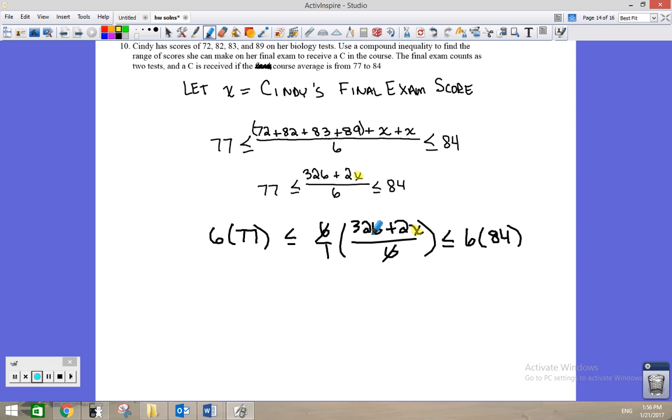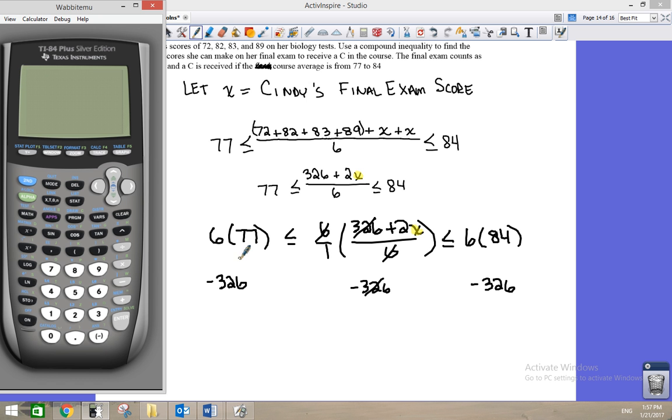Let's subtract 326 everywhere, and that will get rid of this 326. If we subtract 326 here, here, and here, this inequality will still be a true statement. I'm going to use my calculator. 6 times 77 is 462, but then I'm subtracting 326, and I'm getting 136.